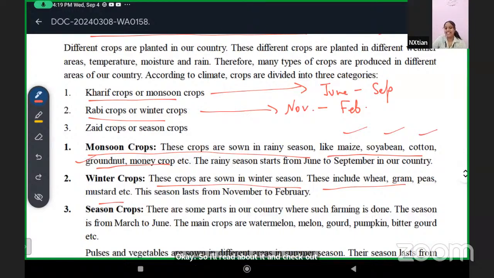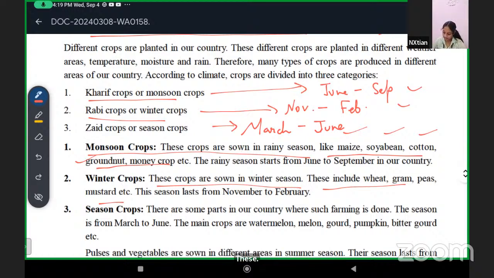Okay, now we were talking about season. We often hear that they say this fruit is in season, that vegetable is in season. So basically, the season goes on from the month of March to June. These are summer and winter, but in the middle of that, when the season is going on, there come the seasonal crops.